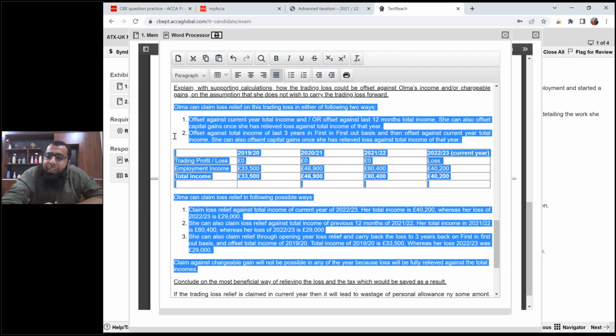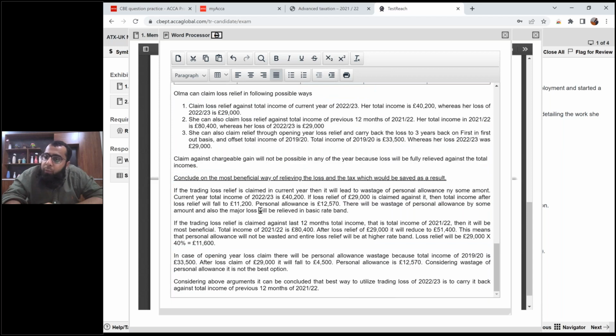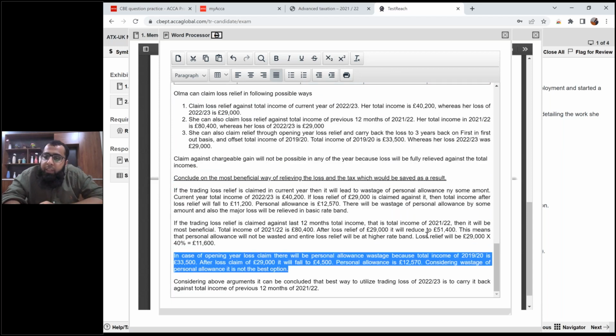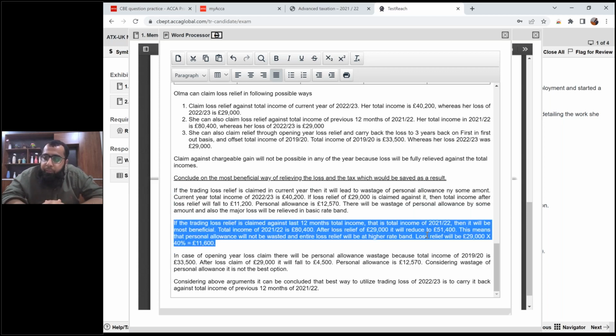And conclude on the most beneficial way. In 2 methods, the allowance was getting wasted. So it was very clear that we have to go for the previous 12 months. Is it clear, everyone?